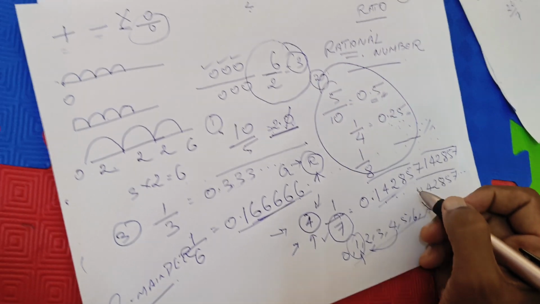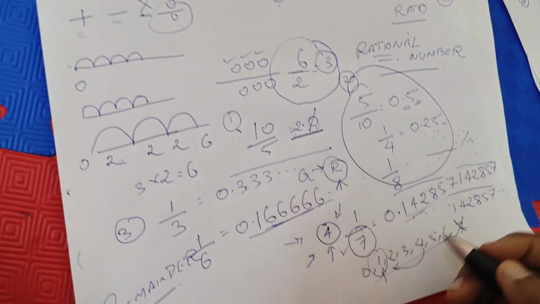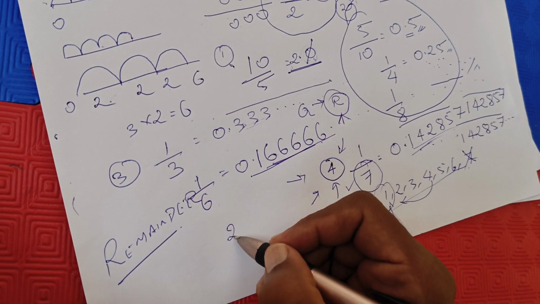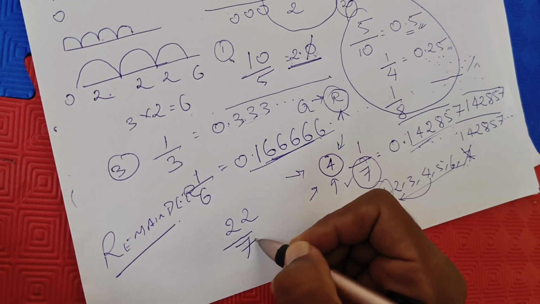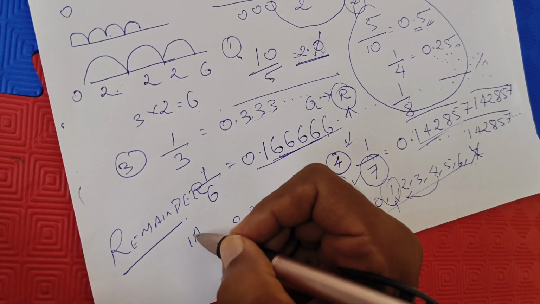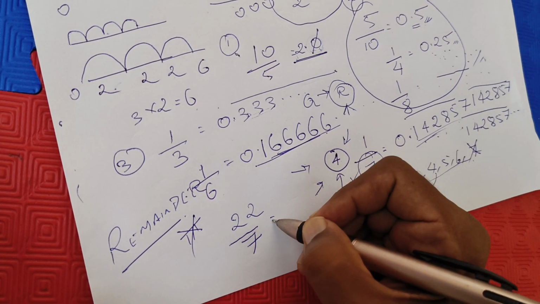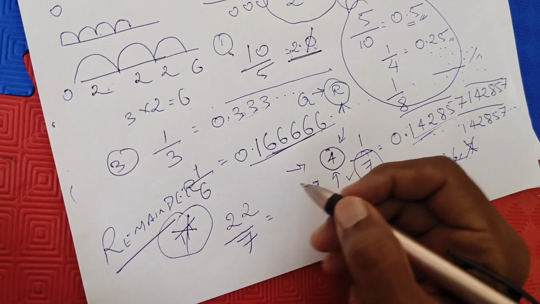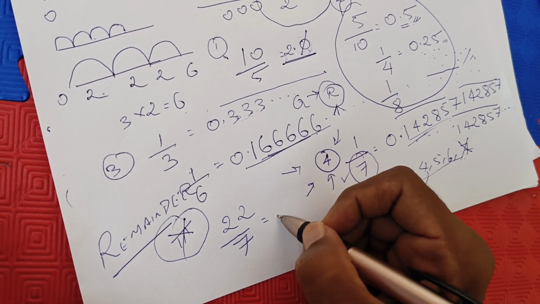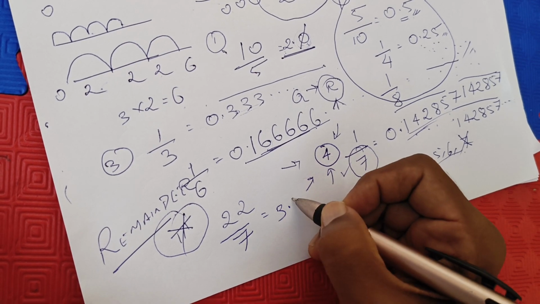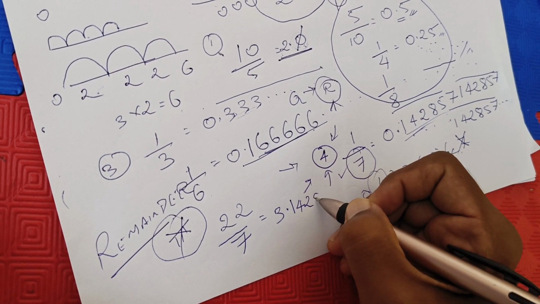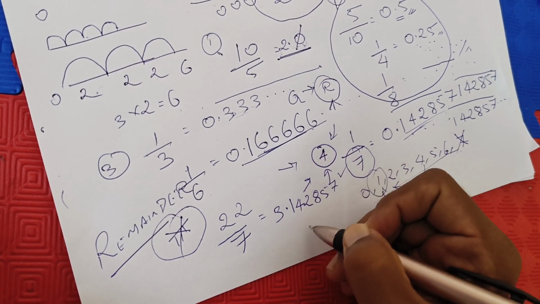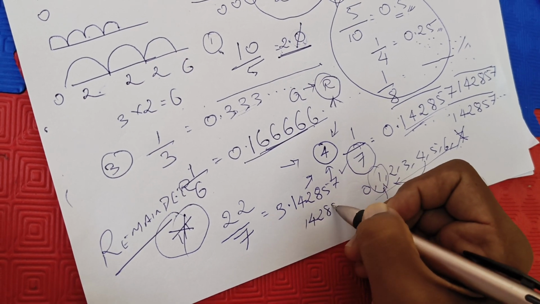So this category is also called a rational number, and this applies to, let's say, 22 by 7. People say 22 by 7 is pi. It is not pi. It is also a rational number. Pi is a special number. We'll talk about it later. 22 by 7 is 3 point, again remainder is 1, so 142857 repeats.